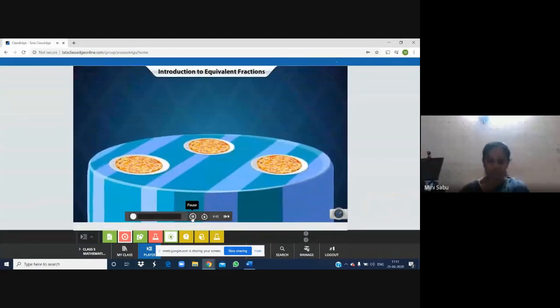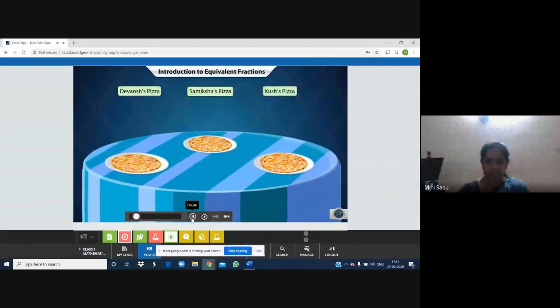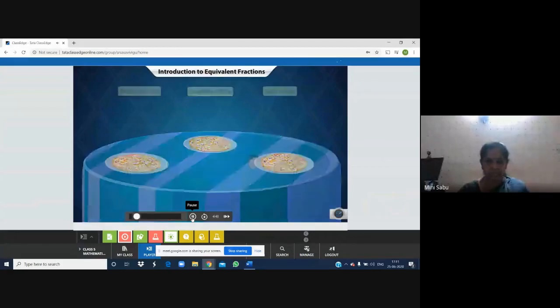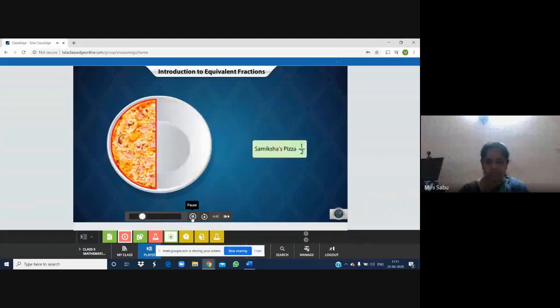Today, Mother has baked pizzas for Samiksha, Devansh, and Kush. Samiksha divided her pizza into 2 equal parts and ate 1 part. We can say that Samiksha ate 1/2 or 1/2 of the pizza.